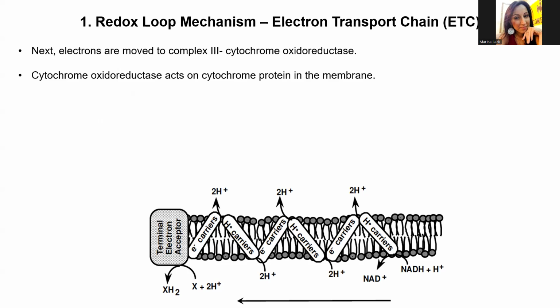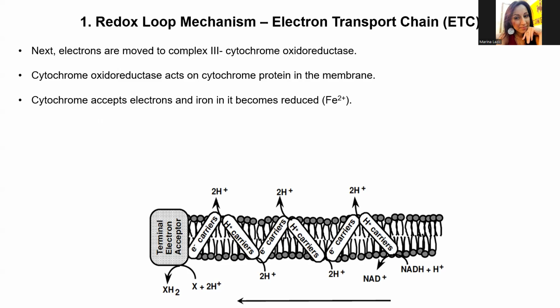This cytochrome oxidoreductase acts on the cytochrome in the membrane, and cytochrome is a very specific protein that contains irons. The iron in those cytochromes will accept electrons. Iron in cytochromes is initially 3+, but when it takes electrons and becomes reduced, it becomes 2+.